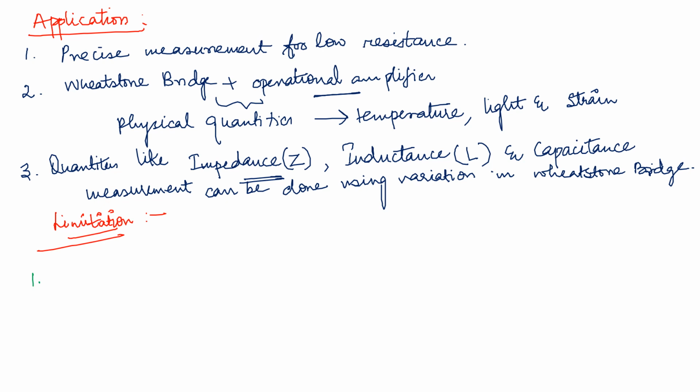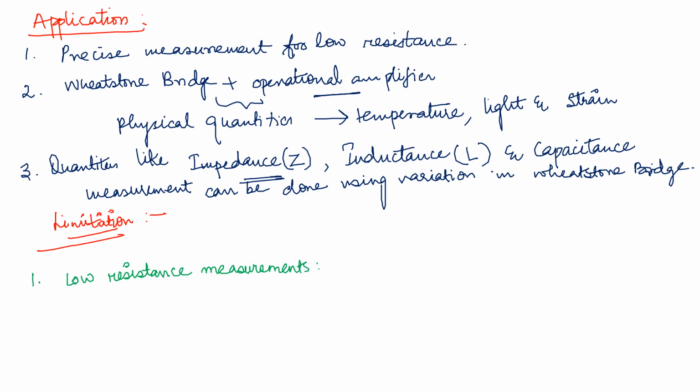Okay. For low resistance measurement, the resistance of the leads and contacts becomes significant and introduces an error. What is happening?